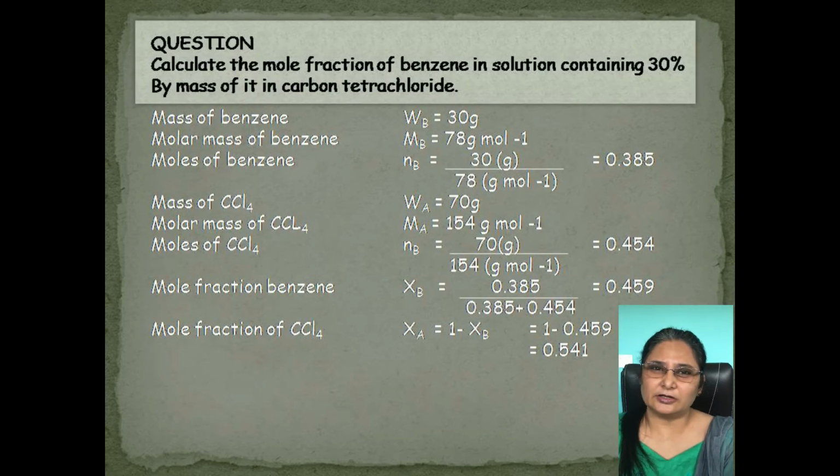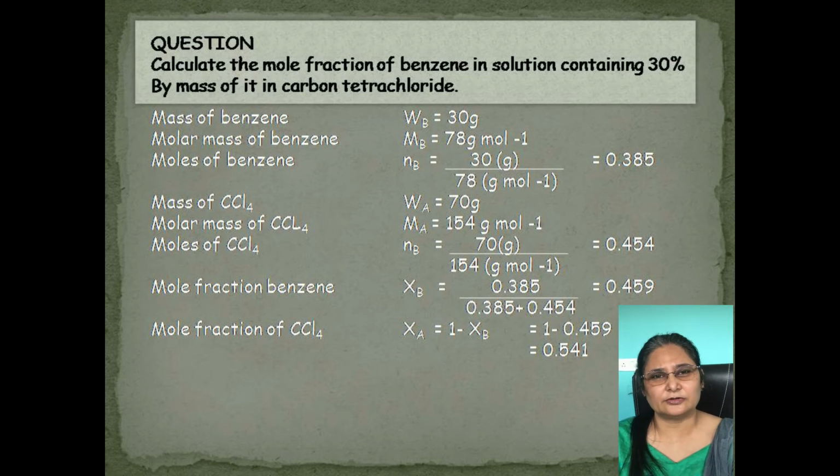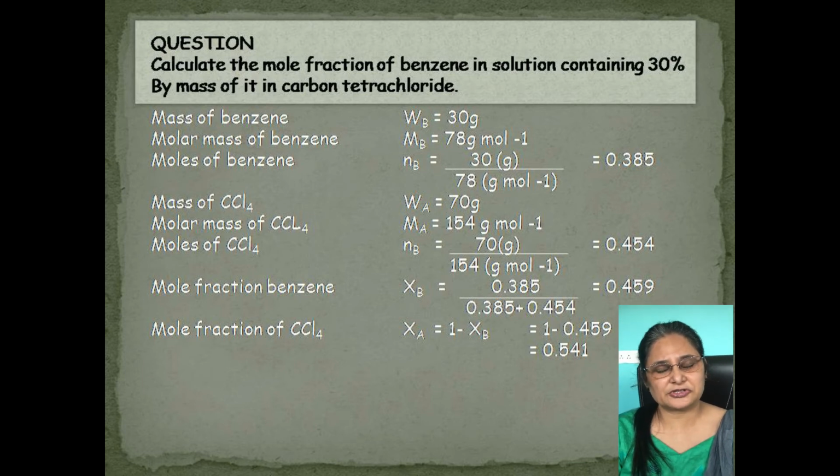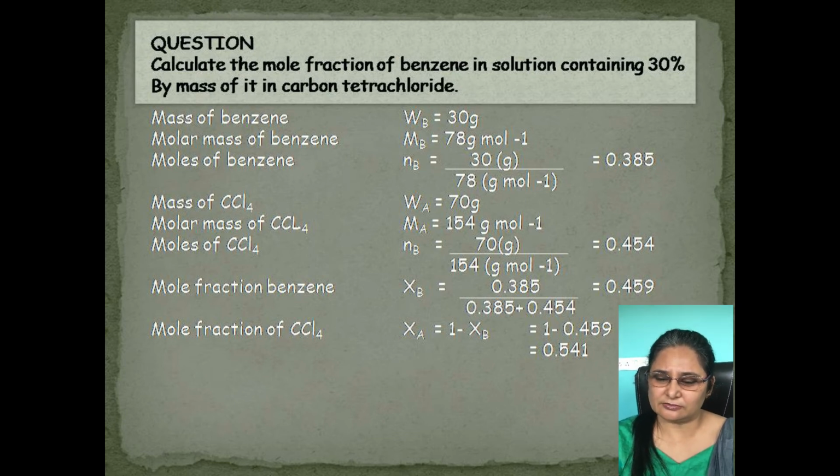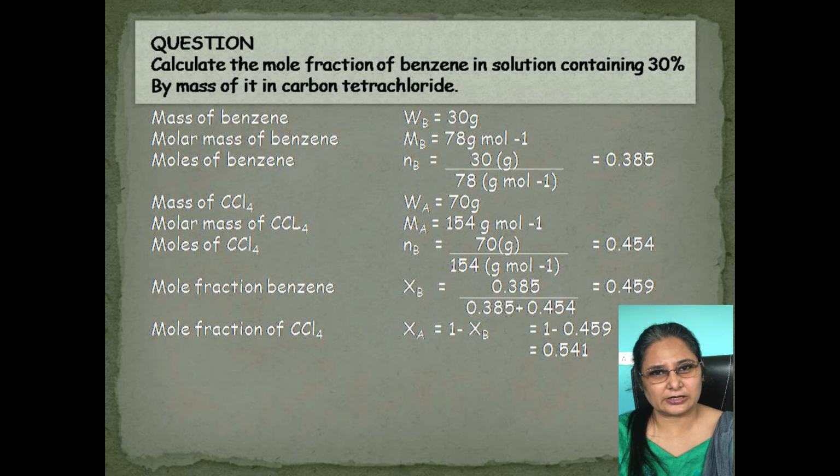Let us solve a question based on mole fraction. The question is: calculate the mole fraction of benzene in a solution containing 30% by mass of it in carbon tetrachloride. Here benzene is the solute and carbon tetrachloride is the solvent.